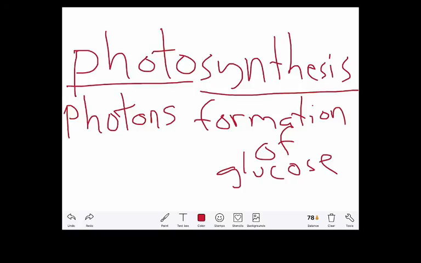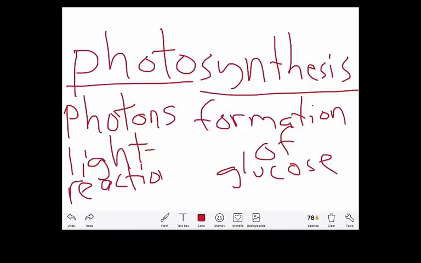As we're going to learn in the details, photosynthesis, the compound word, is broken up into 2 series of reactions. The first half, the photo half, relies upon photons and are called the light reactions, or the light-dependent reactions, because they are the reactions that require the sunlight in order to break down water and to make ATP for the breakdown of glucose.